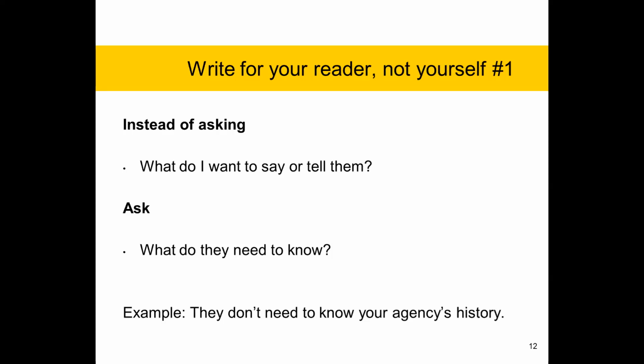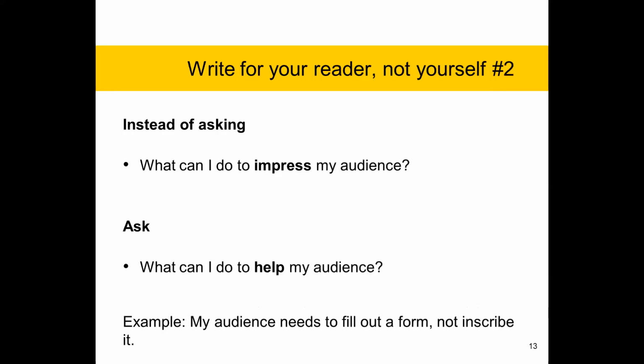People get very justly, it makes perfect sense that they would get very focused on the event, and sometimes you have to step back and say, what am I actually trying to do? Another element for writing for your reader, not yourself: instead of saying, "What can I do to impress my audience," like with my vocabulary or my beautifully crafted sentences or the elegant composition of my paragraphs, ask what you can do to help your audience.